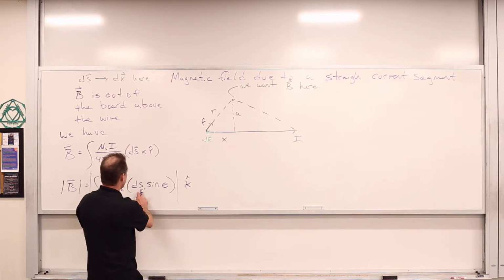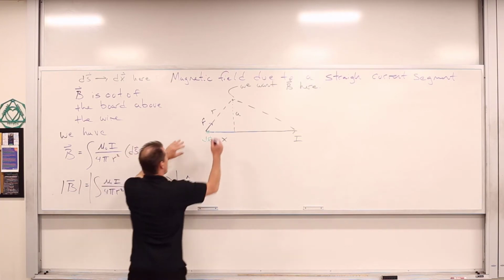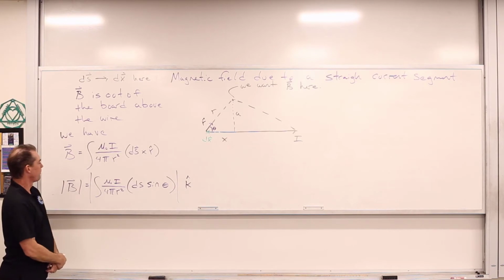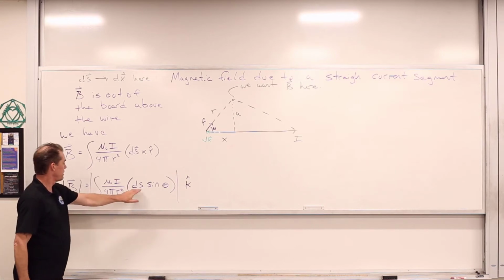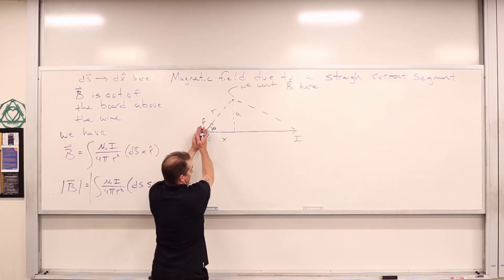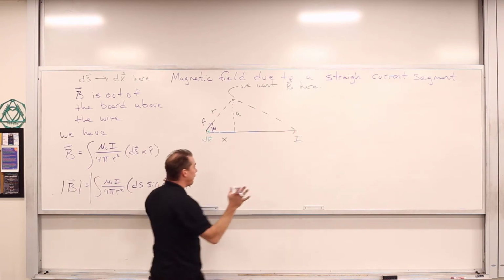So really we could change this ds to a dx, which we will here momentarily, but we've got this theta right there. So we can change this ds to dx, and note that we're integrating from some initial x to some final x.